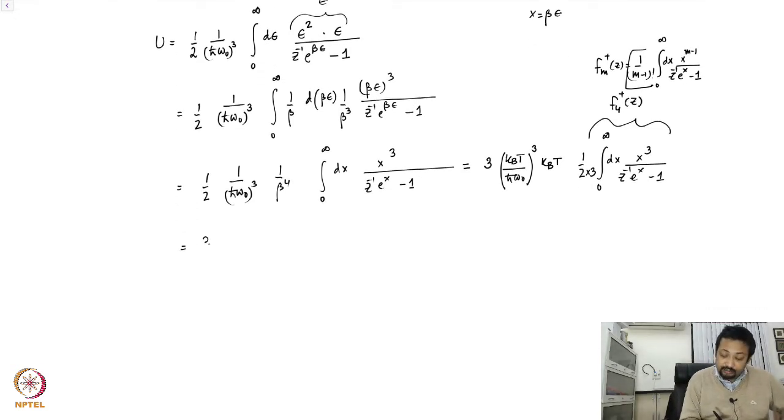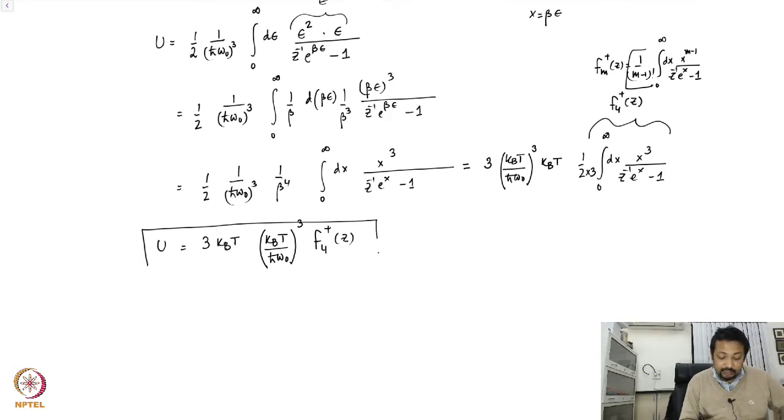So I have 3 kBT over h bar omega naught whole cube, and I have f4 plus of z, and this is the energy I'm looking at.